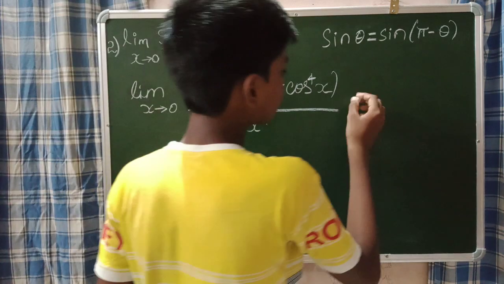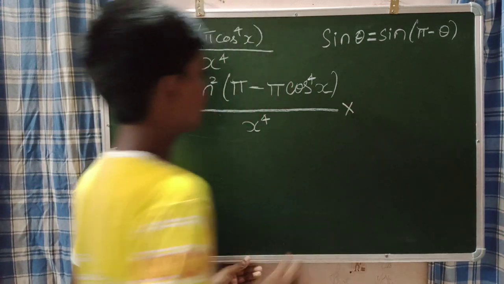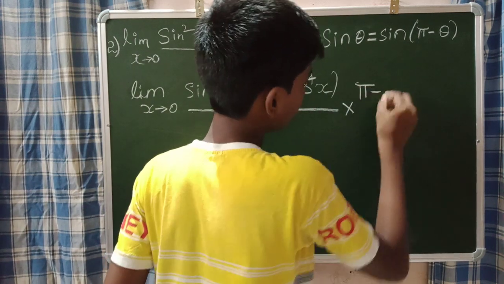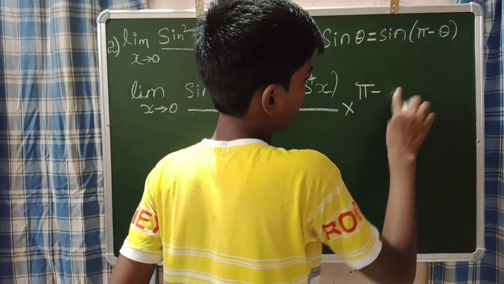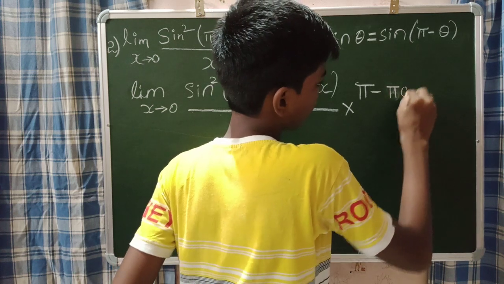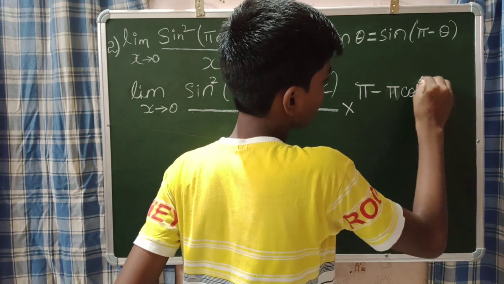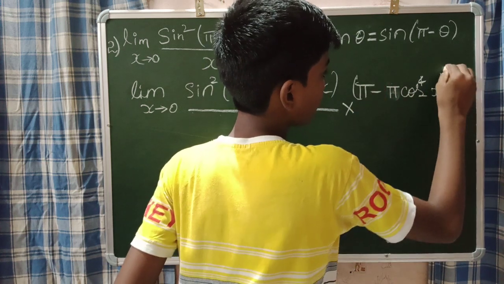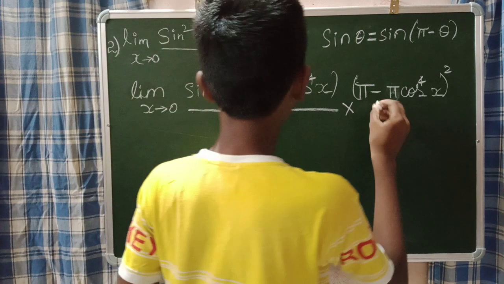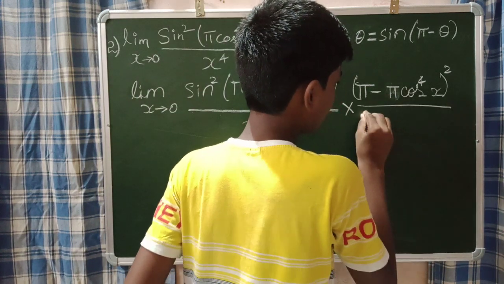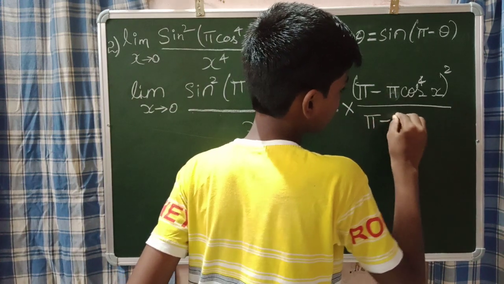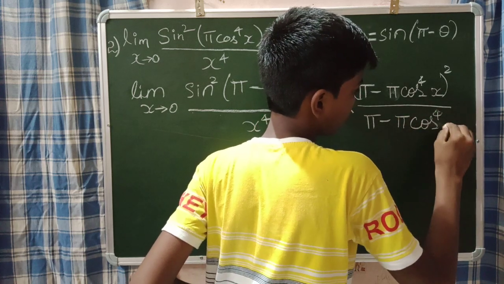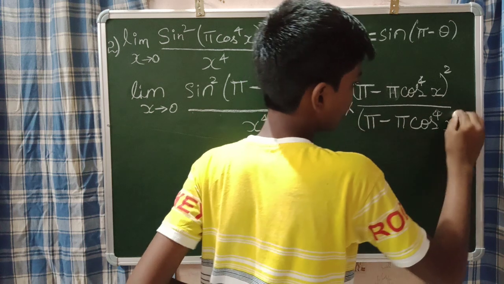What I am saying is, I am going to multiply this expression with pi minus pi cos to the power 4x whole square and divide it by pi minus pi cos to the power 4x whole square.